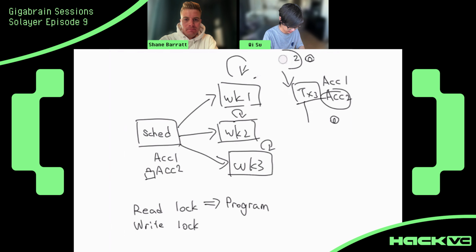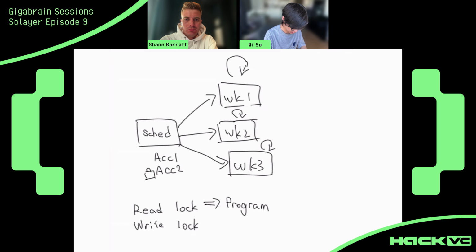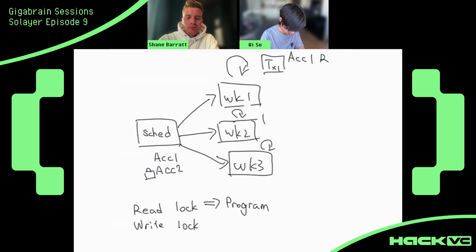Let's draw this example. Say we have tx1 with account 1, let's call it read lock, and we have tx2 with account 1 read lock.